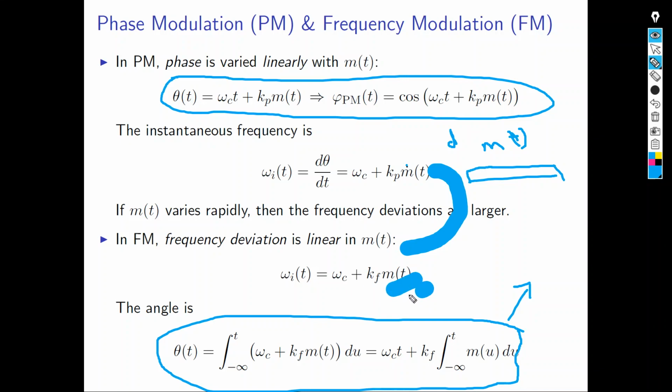The only difference you need to look at is whether the message signal is derived or not. And based on that, you can determine your modulation scheme and the parameters associated with it.